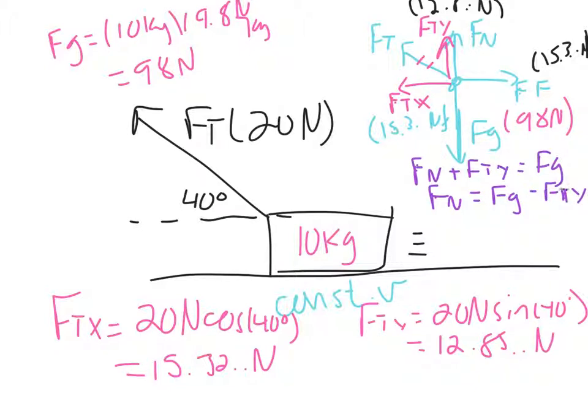You already have weight, you already have Fty. So this is equal to 98 newtons minus 12.8 keeps on going newtons. So my normal force would equal 85.14 keeps on going newtons. So 85.1 keeps on going newtons.